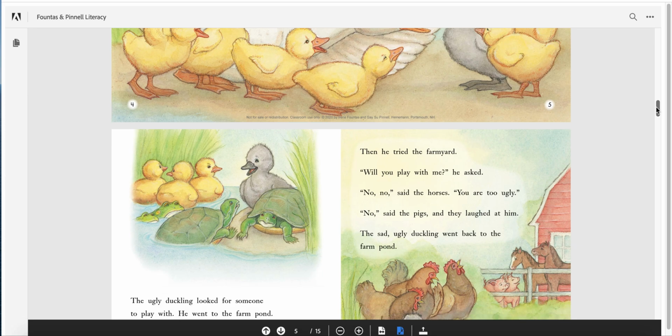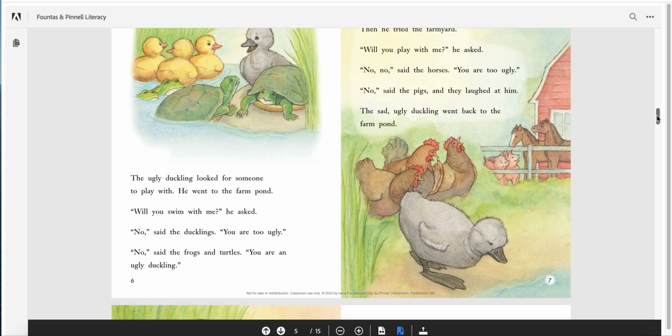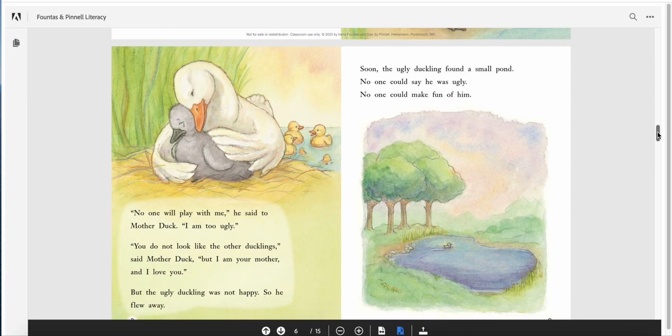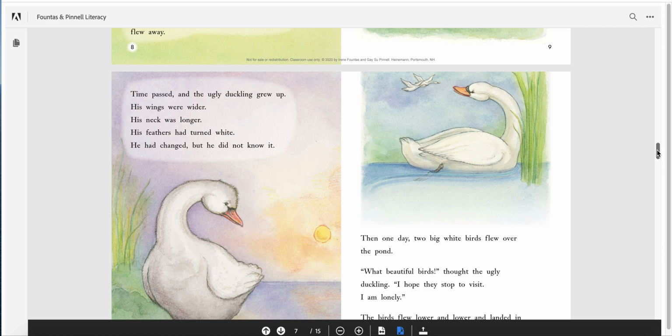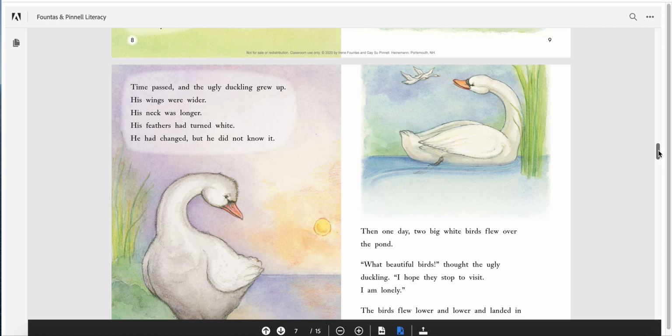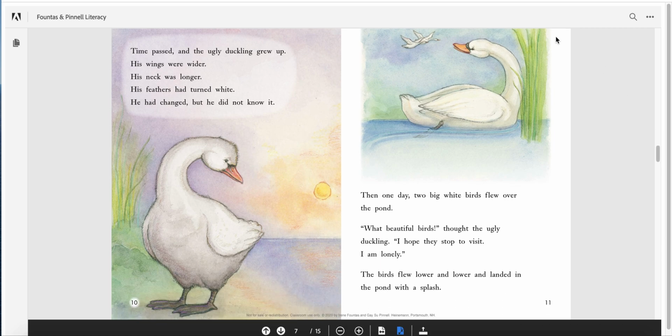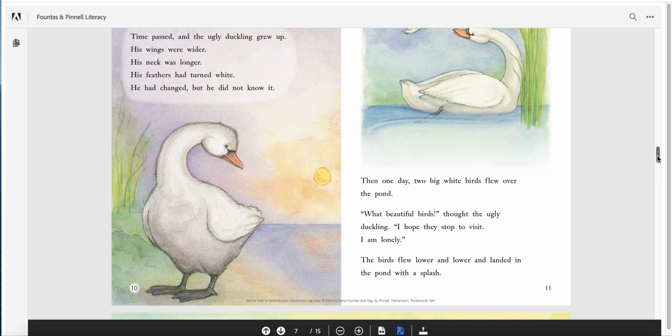But finally he grew up, and he wouldn't have known his change if it wasn't for the two swans that flew down and talked to him. So thankfully those two swans were there to help, to make the ugly duckling feel like someone, to not be lonely anymore.